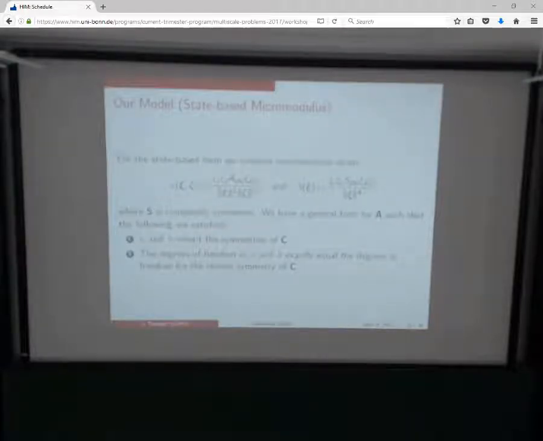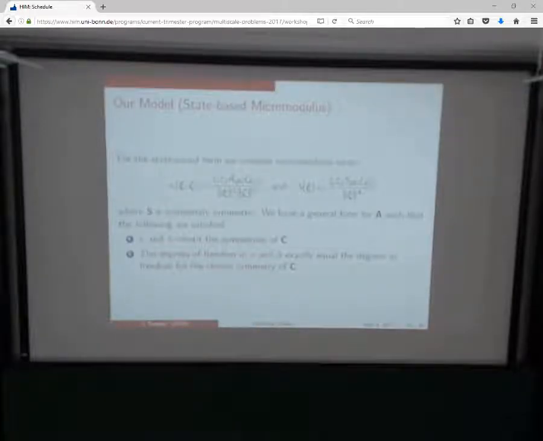And so what we do for the state-based term is we take these two formulations here. So this is kappa, and this is lambda, so S is going to be a completely symmetric one. We impose some symmetries on A, we have the minor symmetries imposed on A. But the formulation of A is not unique, unfortunately, so we looked at all possible formulations of A such that when we reduce the model down, you would get the correct symmetry and the correct degrees of freedom, but it's not unique.